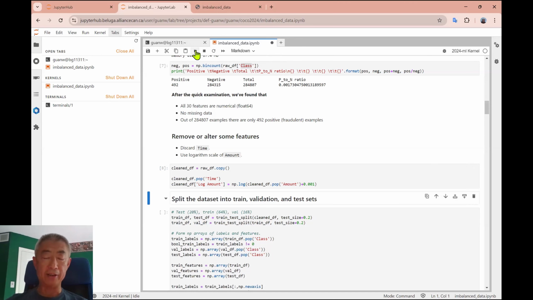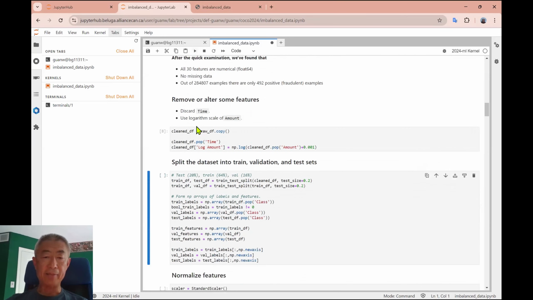I think time is useless. And I also take a log scale of the amount. It's probably an amount in terms of a currency or something, but it doesn't matter to me. I don't care. So I take a logarithm of that. That's all I do for the data pre-processing.